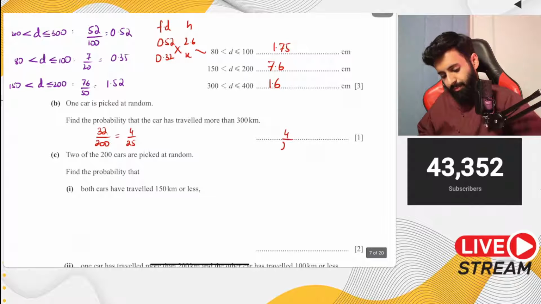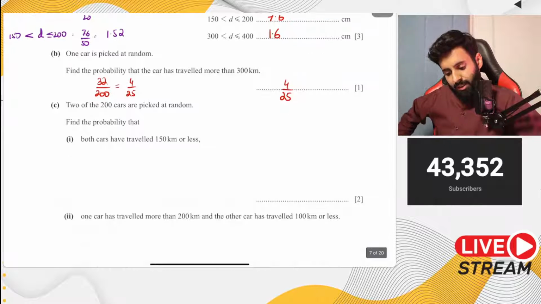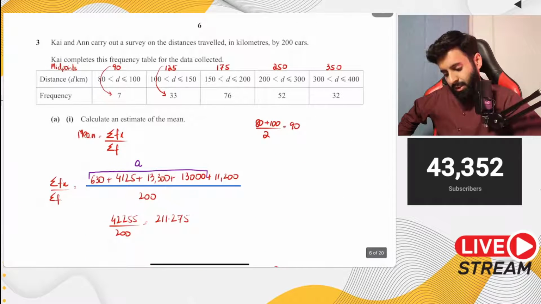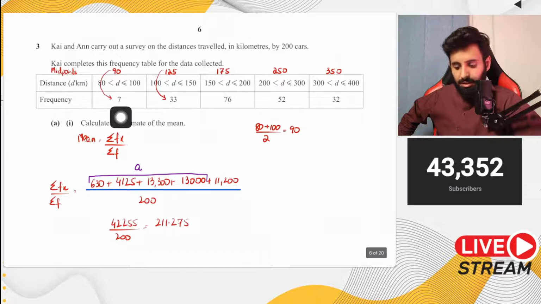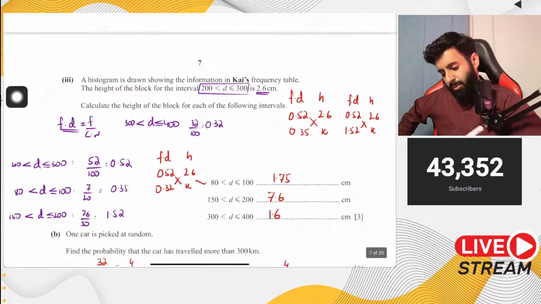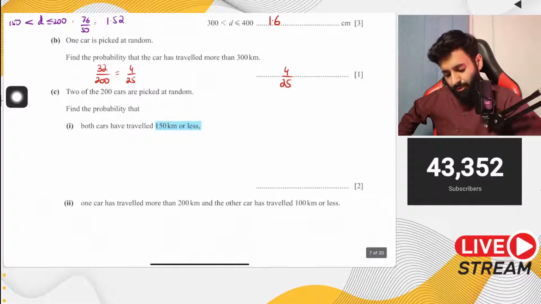That's your answer. Then it says 2 of the 200 cars are picked at random. Find the probability that both cars have traveled 150 kilometers or less. So 150 kilometers or less means 33 plus 7. These are our favorable outcomes. For the first car, the probability that it has traveled less than 150 kilometers would be 40 upon 200. Why 40?